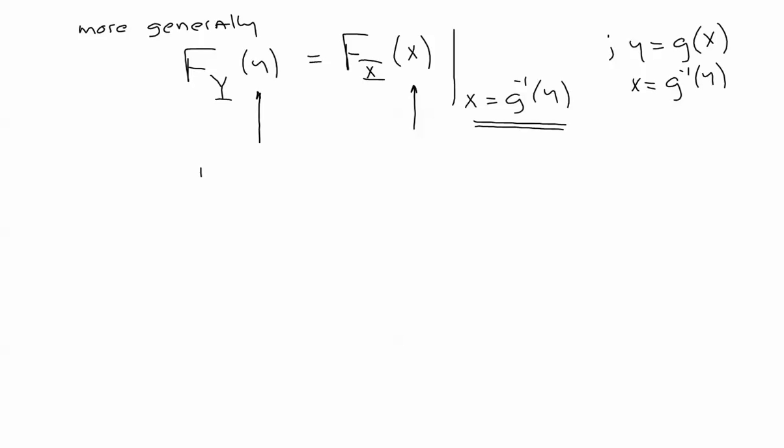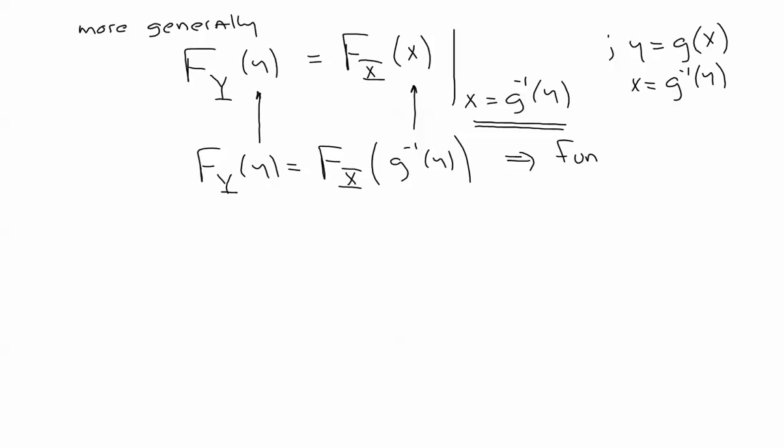So the cumulative distribution function for y follows the functional form for the cumulative distribution function for x if everywhere I have an x, I substitute g inverse of y. Now I end up with a function in y. Okay?